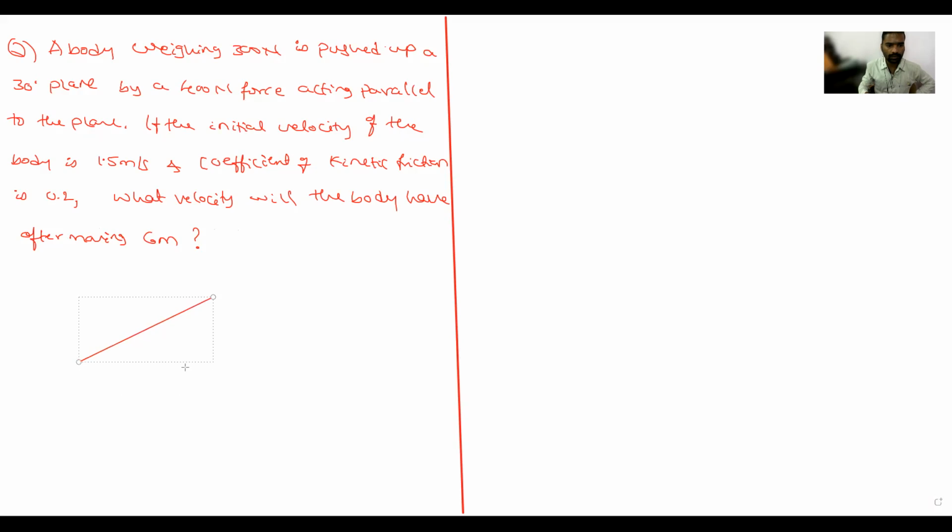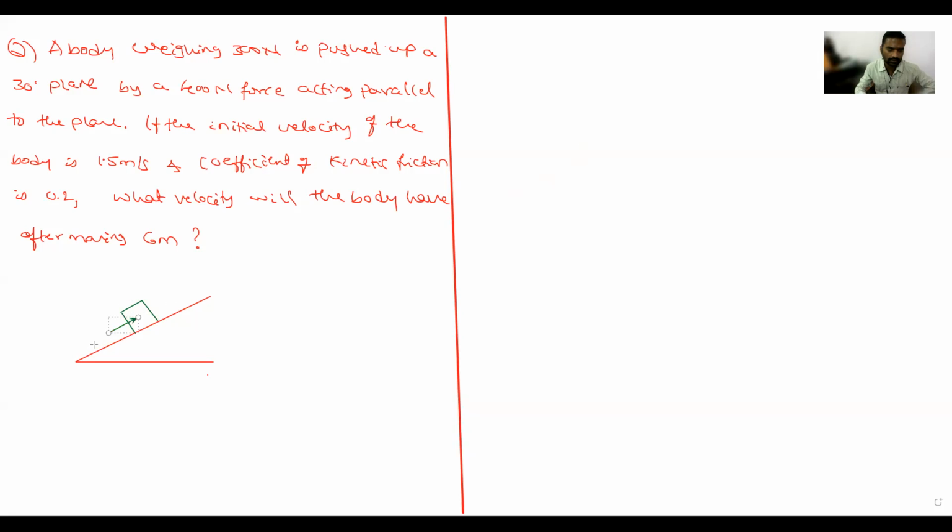There is a 30-degree plane. On this plane, there is one block. A force P is applied along the plane direction.